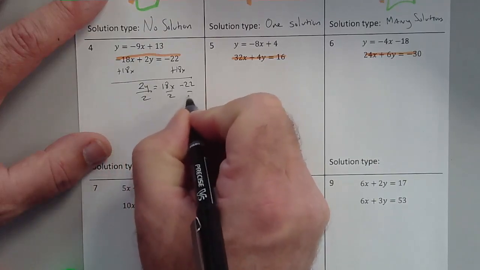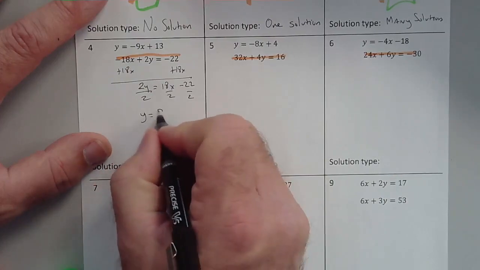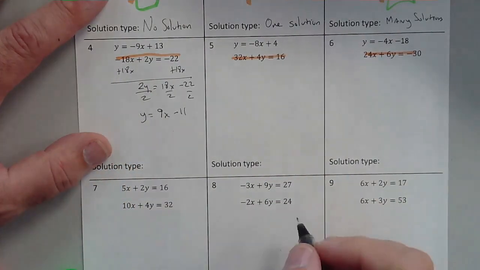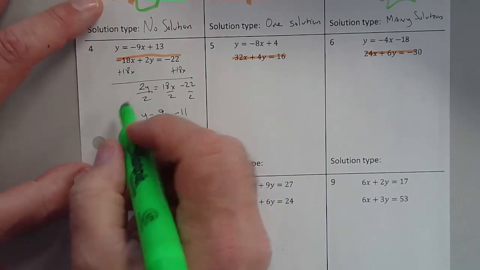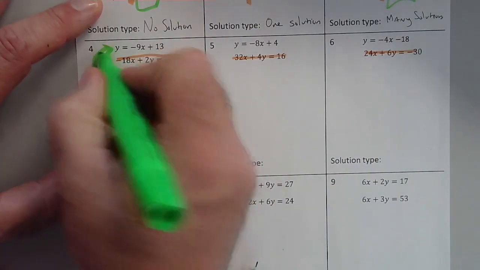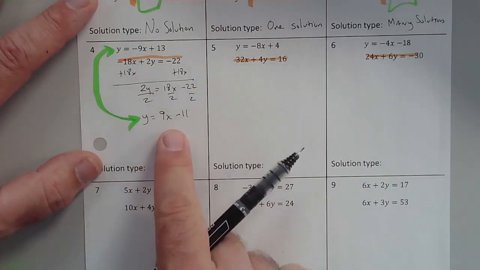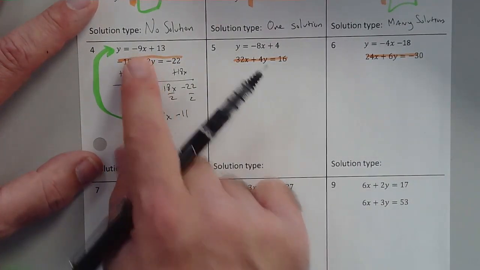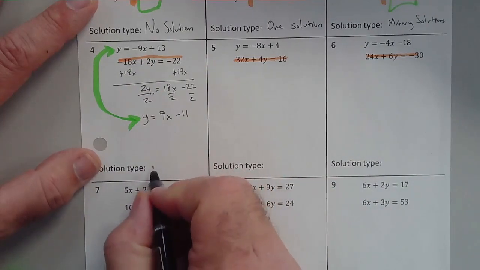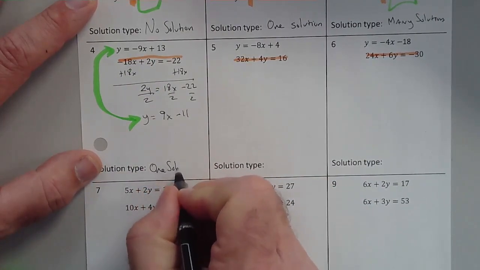Divide by 2. Y equals 9x minus 11. Now I'm comparing this equation and this equation here. Do I have the same slopes? No! Negative 9 and positive 9 are not the same slopes, so this is one solution.